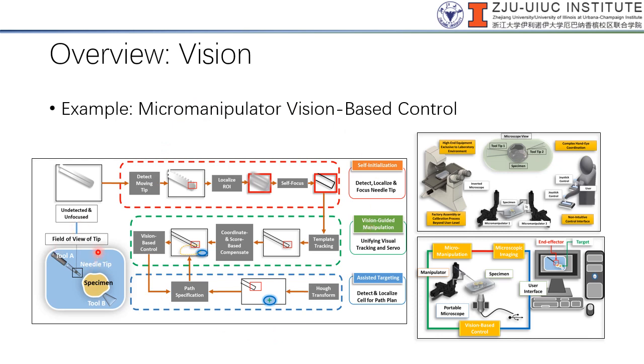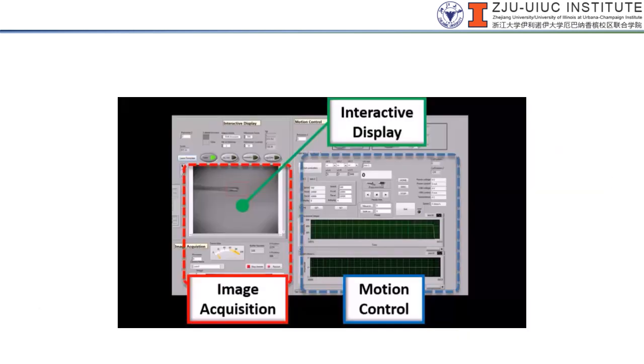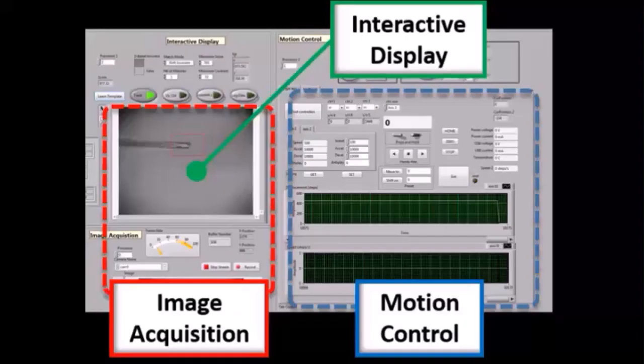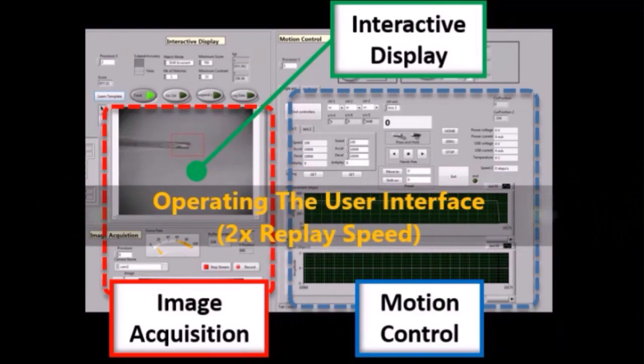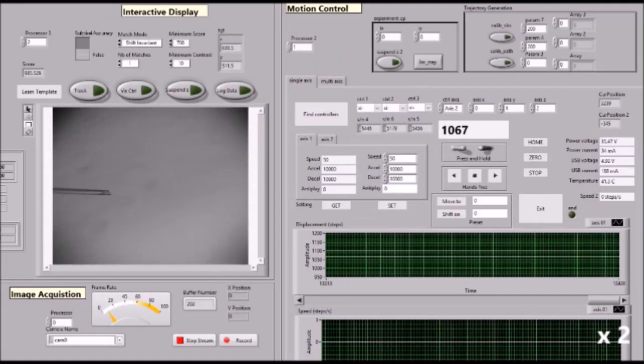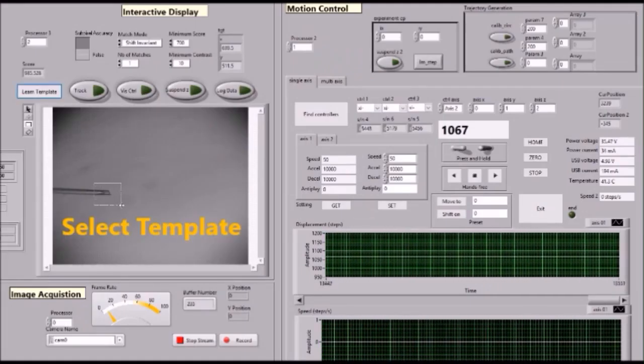Okay, basically it's a micro manipulator, a robotic micro manipulator that automatically brings the needle to the cell. Of course, there are some videos that we have here to actually show you the process. But don't worry, this is just a very simple demo video, nothing intense.